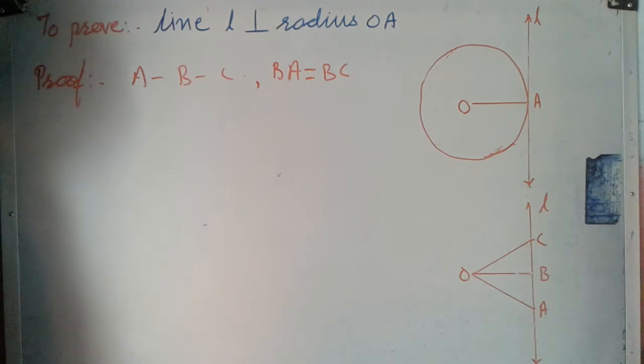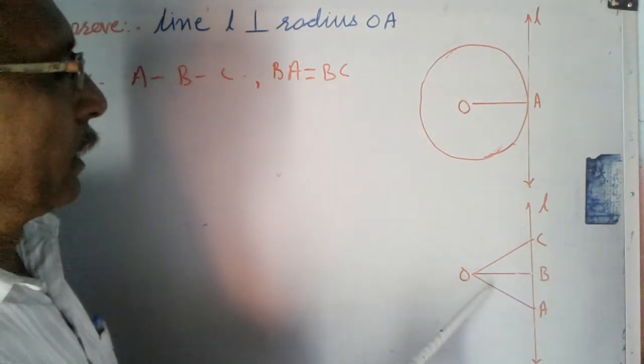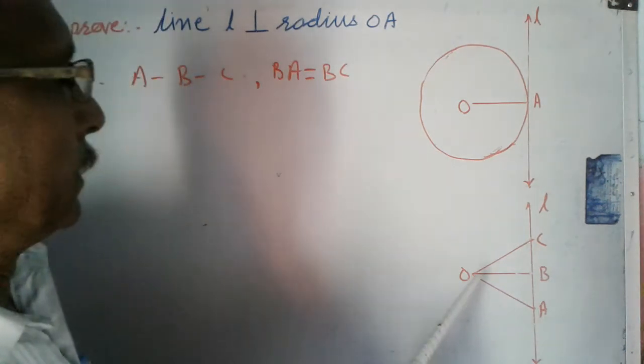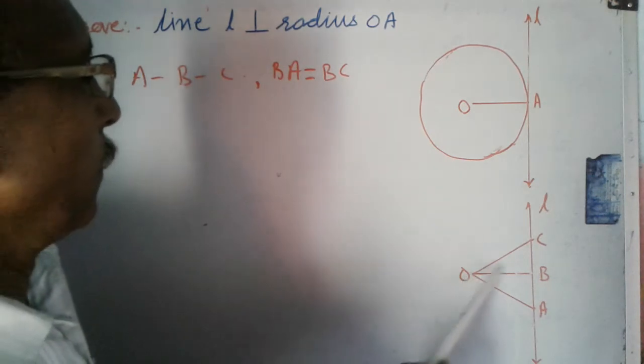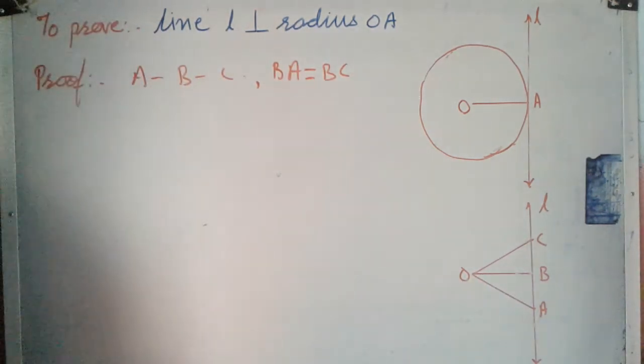Now after this construction we have two triangles here. Which two triangles? Triangle OBA and OBC.